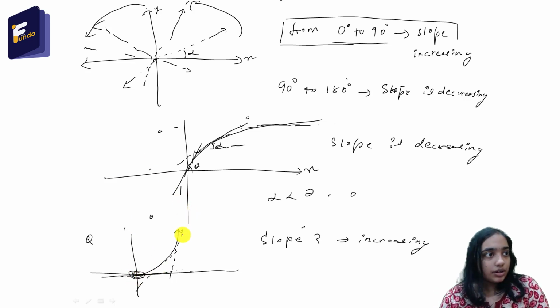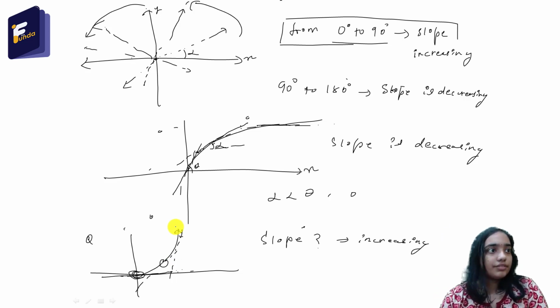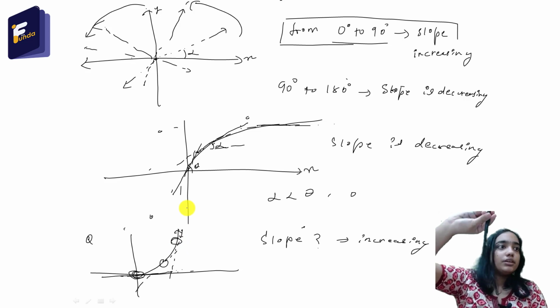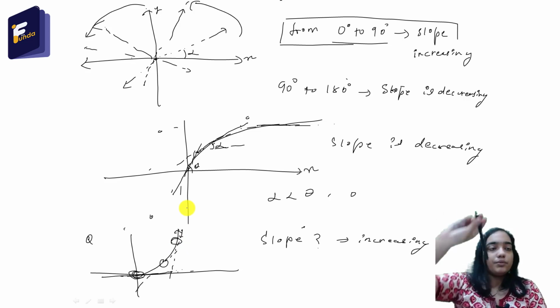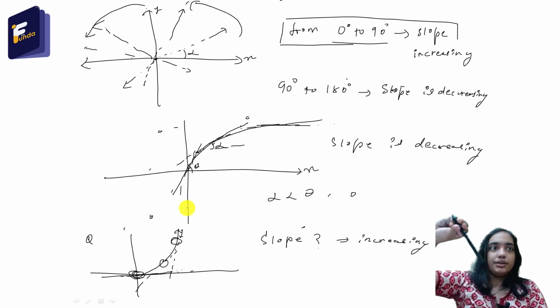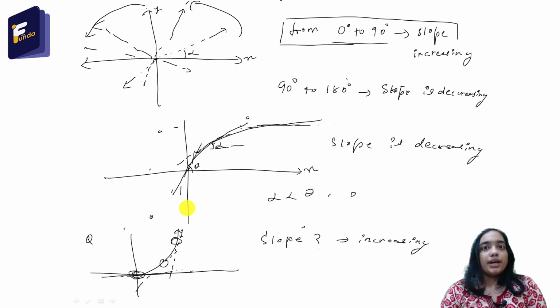If I put the pen at this point, the pen is like this, meaning it is becoming a little bit vertical. If I put it somewhere here, it is a little more vertical, and finally it will become completely vertical. So from initially a horizontal position, the pen is becoming straighter and straighter. That means if the pen is becoming straight, the slope is increasing.